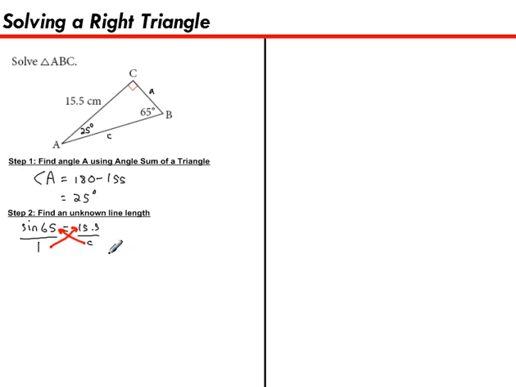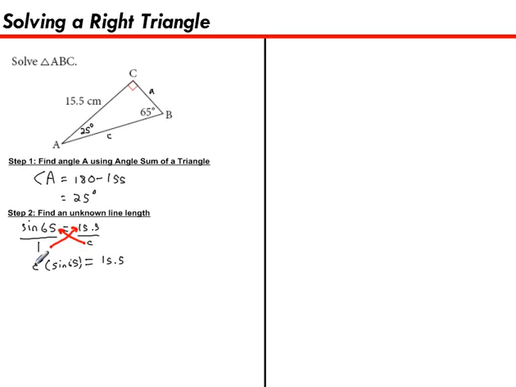So let's do that now. c times sine 65 is equal to the other red arrow there, which is 1 times 15.5, so that's just 15.5.